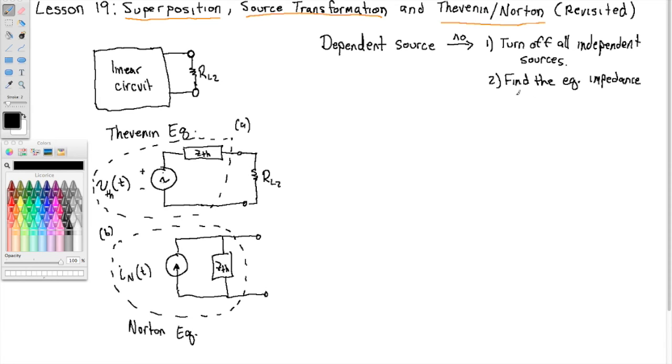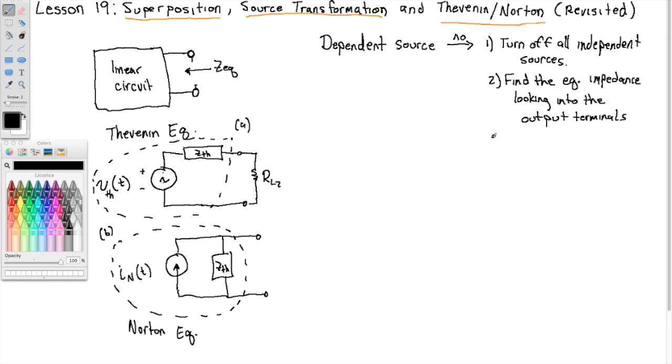Find the equivalent impedance looking back, so we'll say looking into the output terminals. So in this picture here, the original picture, can you find this equivalent impedance with the sources all turned off?